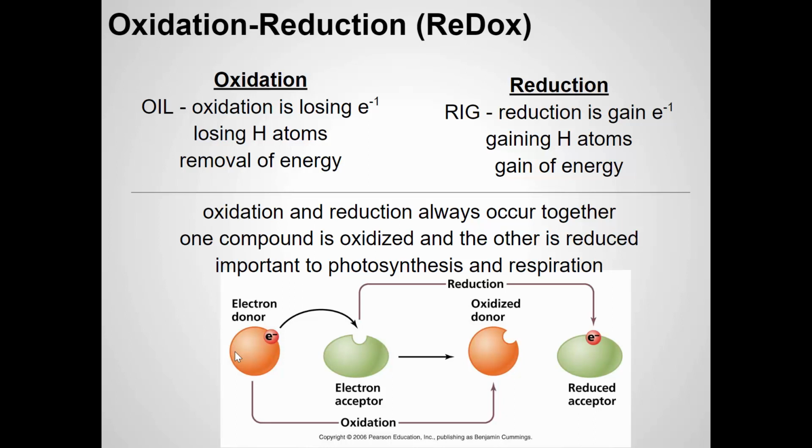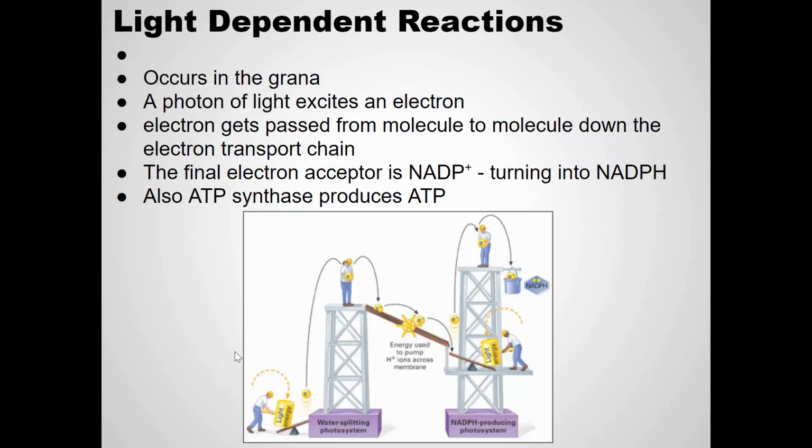Reduction is a gain of electrons, OIL RIG. Or LEO the lion goes GER. I think that's how my chemistry teacher taught it. LEO: losing electrons, oxidized. GER: gain electrons, reduced. But we don't really need to know much about these details. You'll learn a lot about this next year, like I said.